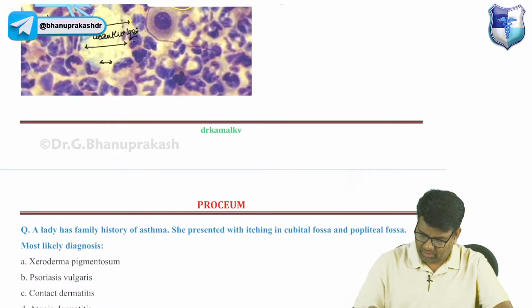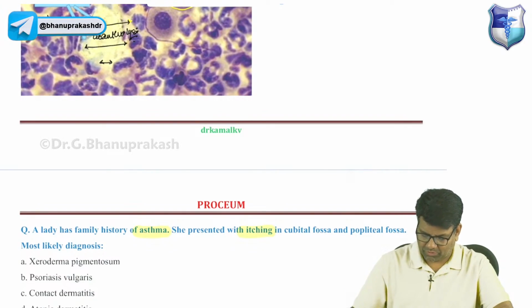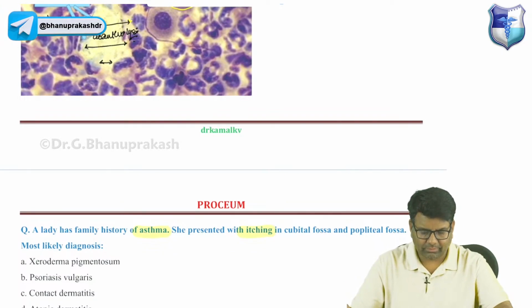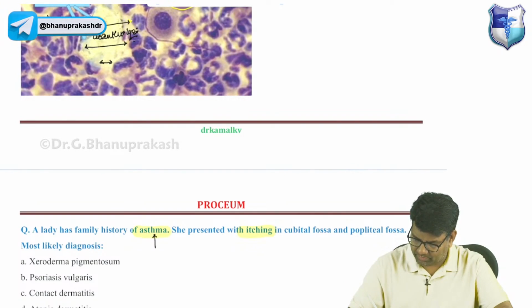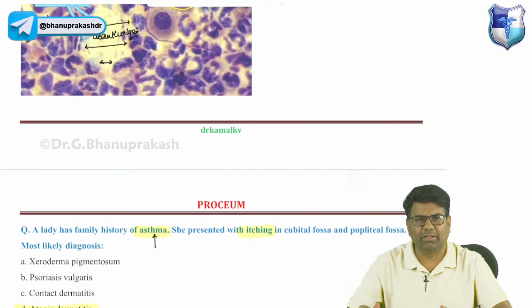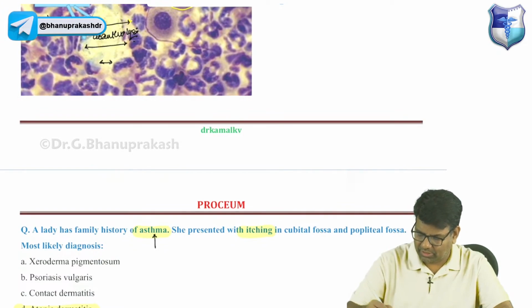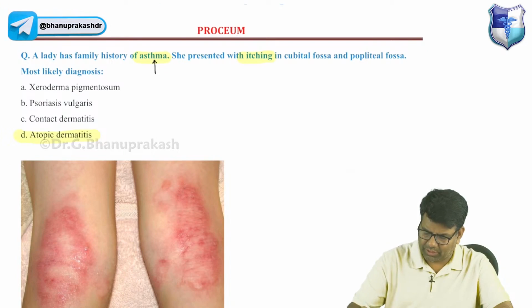Next question. There is a family history of asthma. Now the patient has presented with itching in cubital fossa and popliteal fossa. Most likely diagnosis. Now here you have to notice one word, asthma. Yes, very good. So the moment you find the word asthma or any allergic condition, the answer is atopic dermatitis, and you can see there is so much of itching in the popliteal fossa.